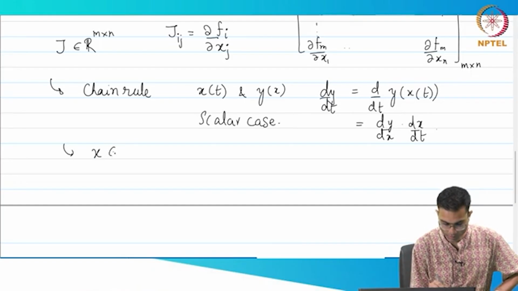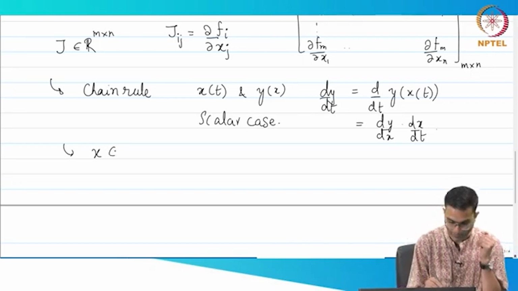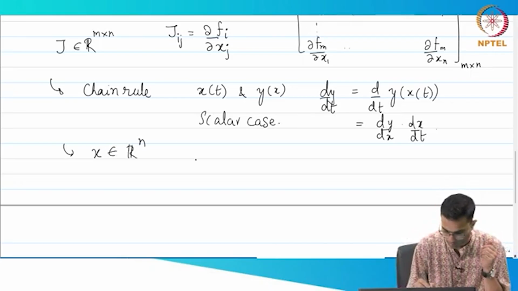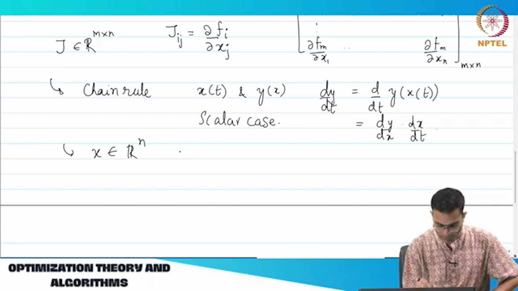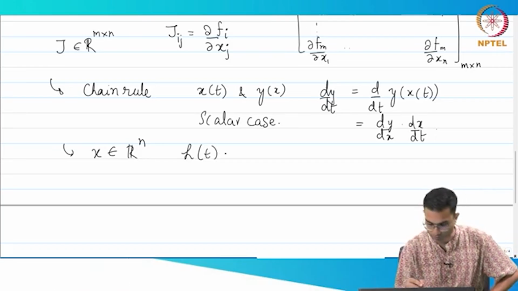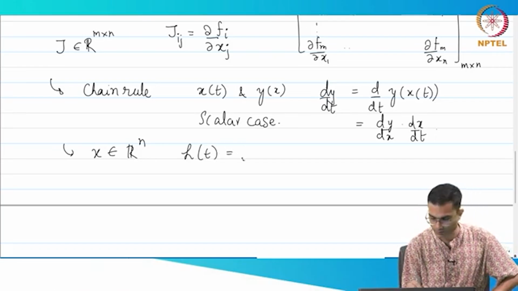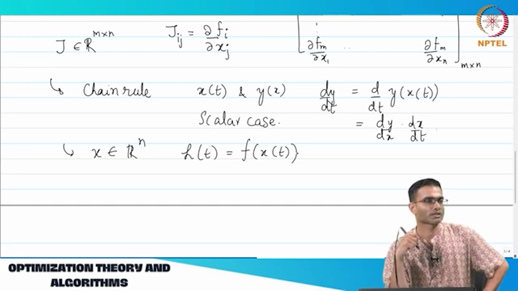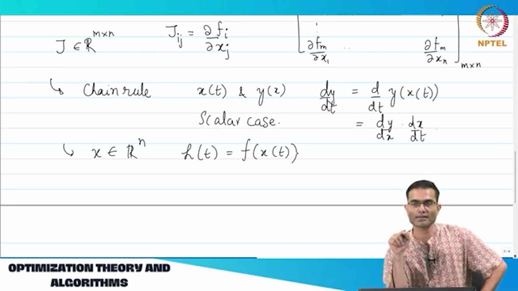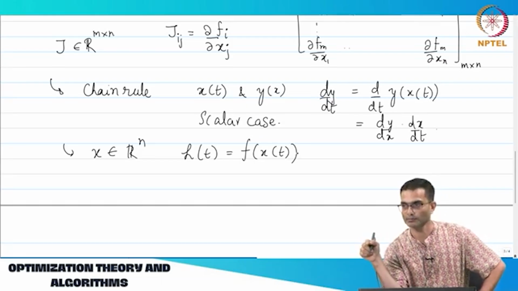Now, supposing I have x belongs to Rn. Now, let's say my function h of t, instead of y, I'm going to call it h of t, is f of x of t. So, what this means is that each of the xi's is a function of t.